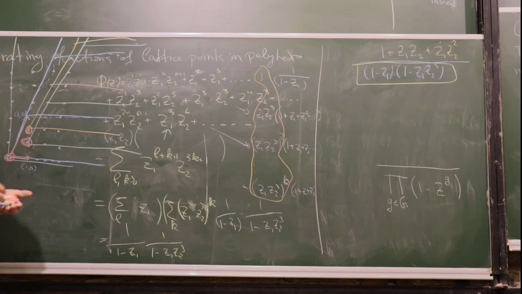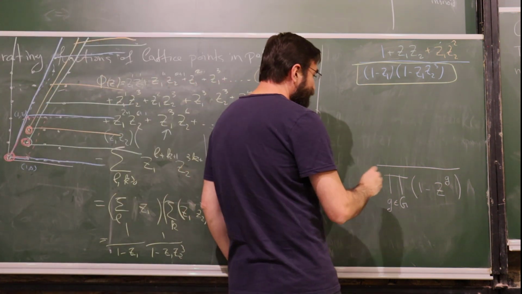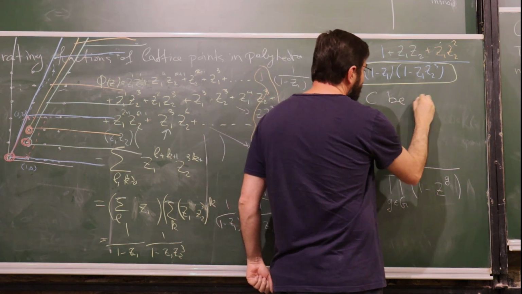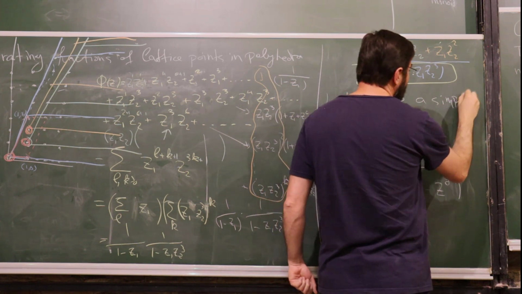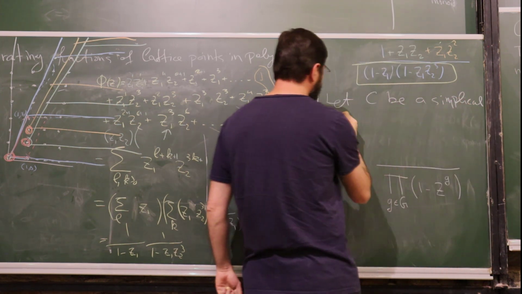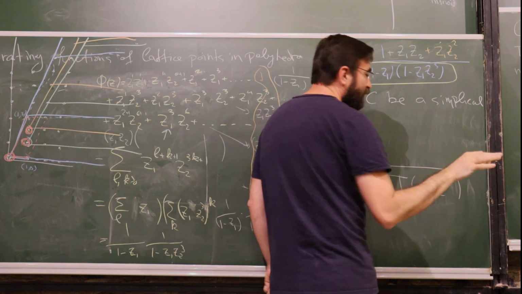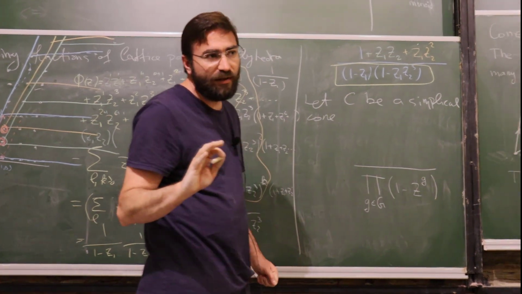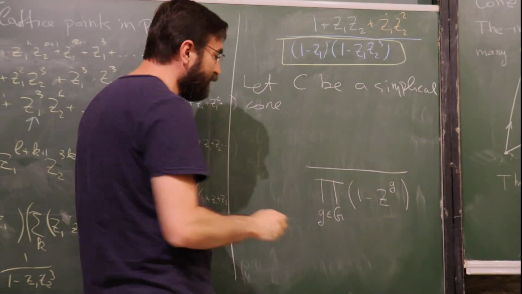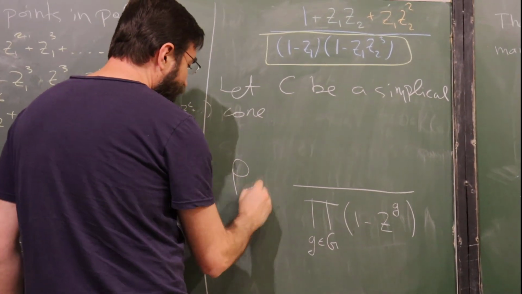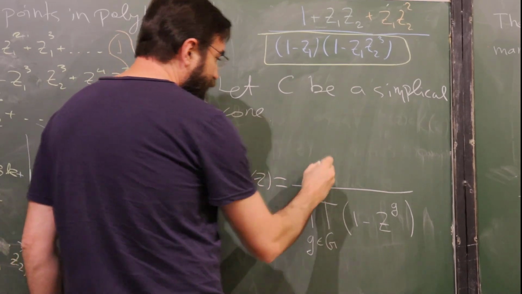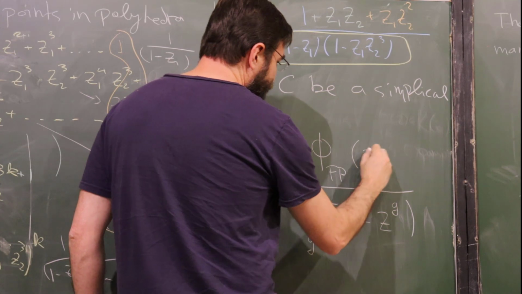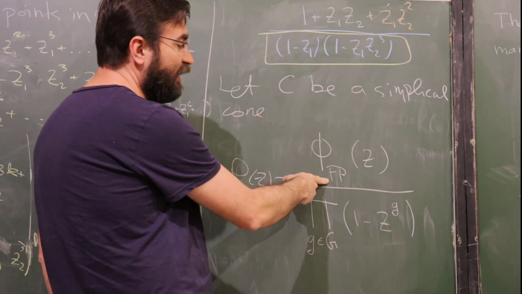So let me give this theorem. In any dimension, whatever you like, just what we need is that the generators are linearly independent. Then the rational generating function of C is this. So this for the fundamental parallelepiped.